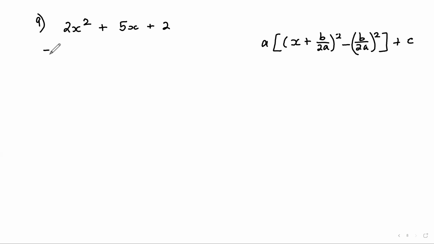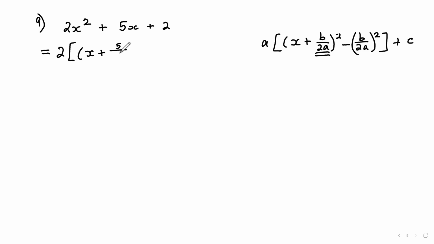What goes on the outside? 2. Yep. And then I have x plus what? 5 over 2a. So what is 2a? Because a is 2, right? So 2a would be 4.